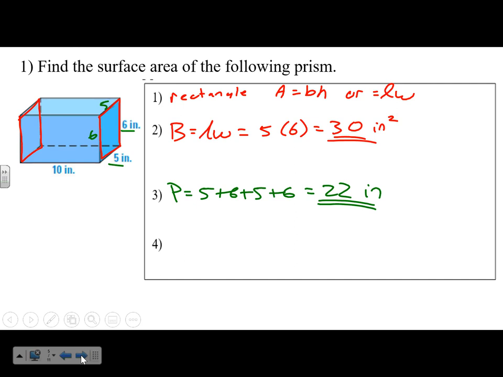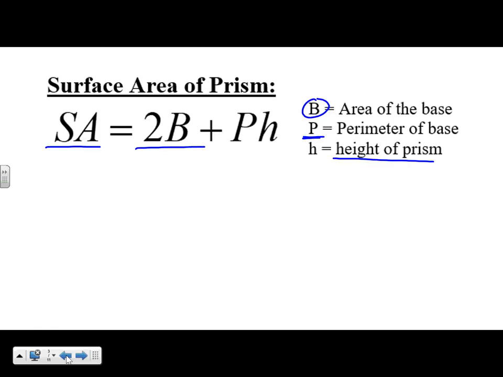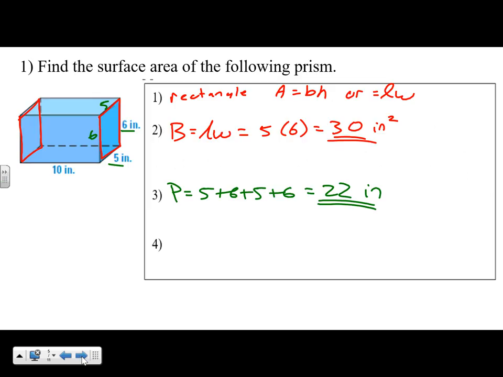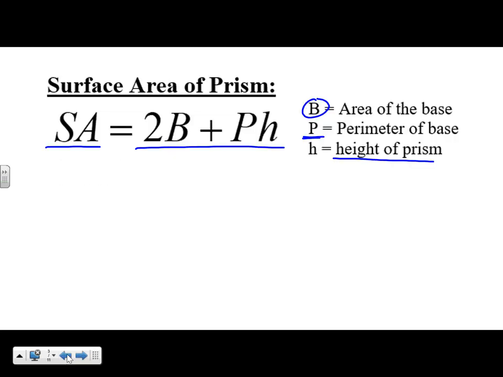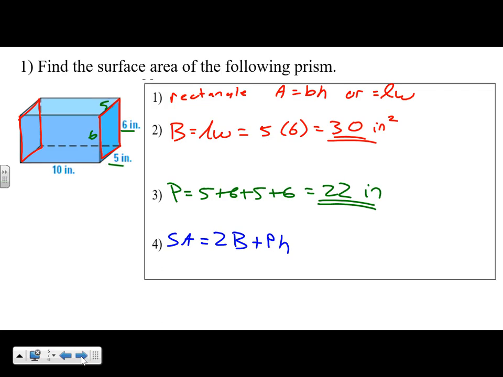So then last but not least, we plug it into our surface area formula. This is the formula: 2 times the base area plus perimeter times height. Just want to make sure I double check. There we go. And again, that height is the height of the prism. So since I called this my base, the height of my prism then is this line.